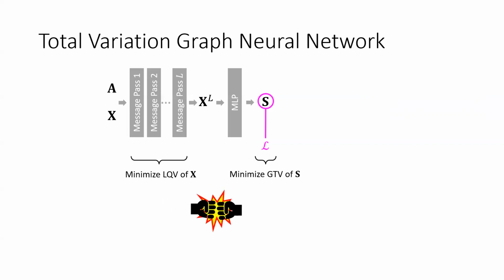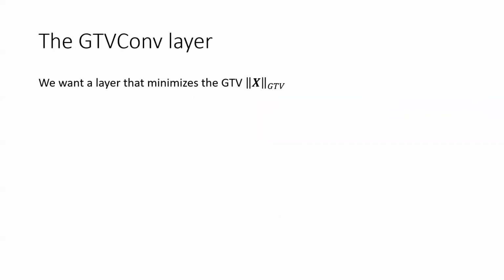On the other hand, we have the standard message passing layers that instead minimize the local quadratic variation of the node features, which involves the minimization of an L2 norm. There is clearly a clash between these two optimization objectives. What we want is a message passing layer that minimizes the graph total variation of the node features, not the local quadratic variation. So how do we do it?